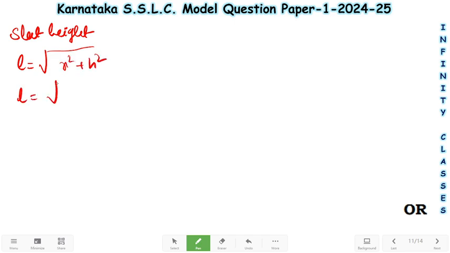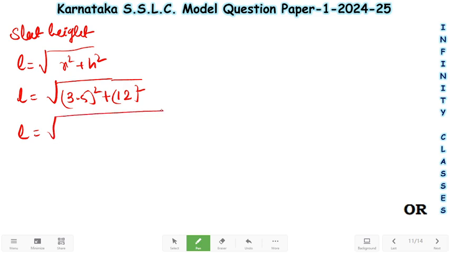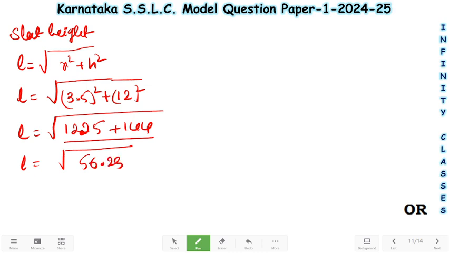R is 3.5, whole square, plus H square means 12 square. 3.5 square is 12.25, and 12 square is 144. Adding these two, we get L square is equal to 156.25, which is a perfect square. L is equal to 12.5 centimeter.